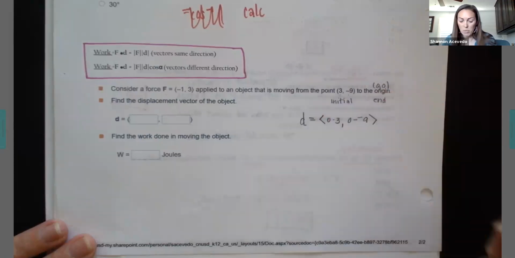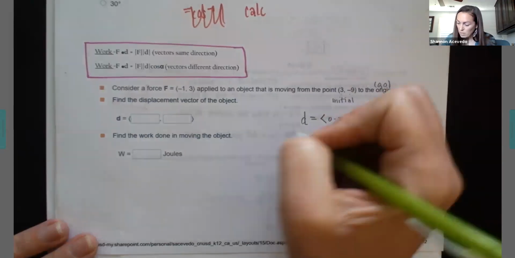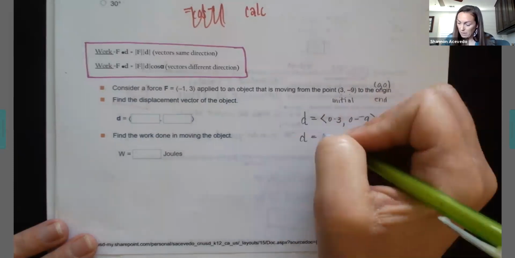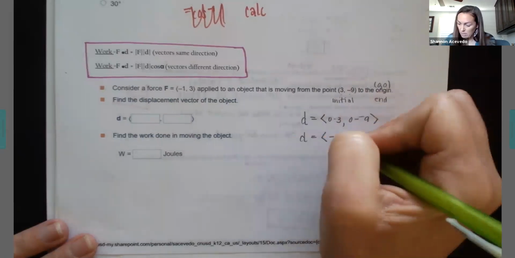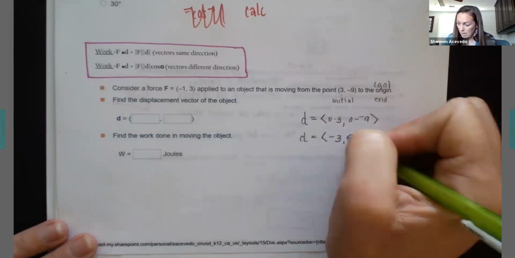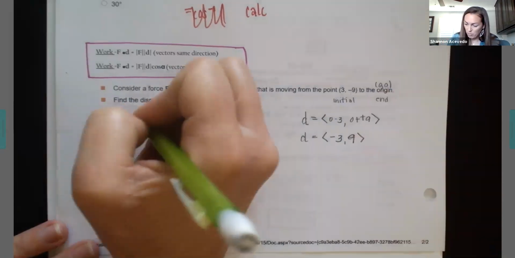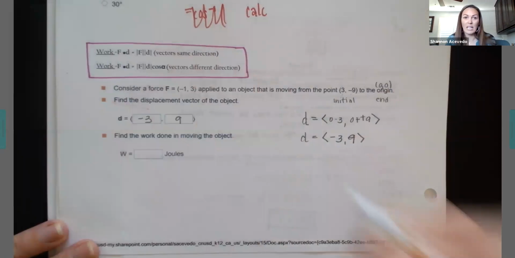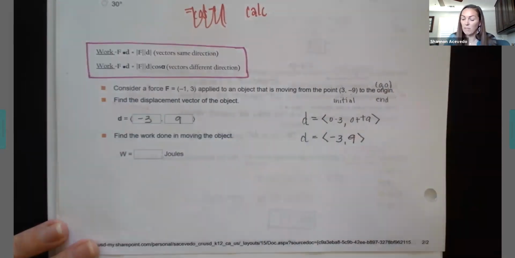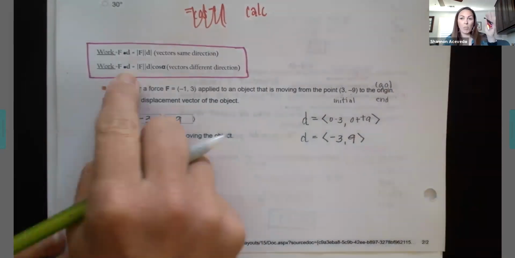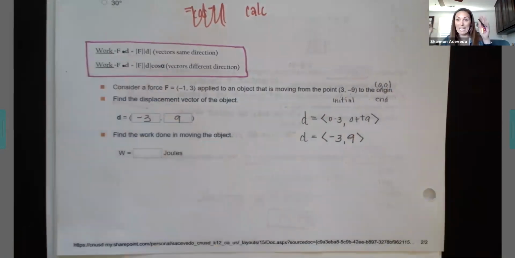So put it into your component. So the displacement vector is going to be -3, +9. A negative will make that a positive. So this is going to be -3, +9. That's going to be the value I'm using for my D. That's talking about from where I started to where I ended.